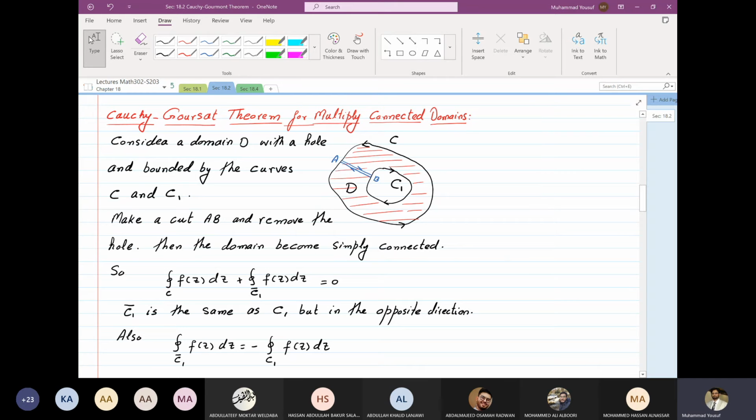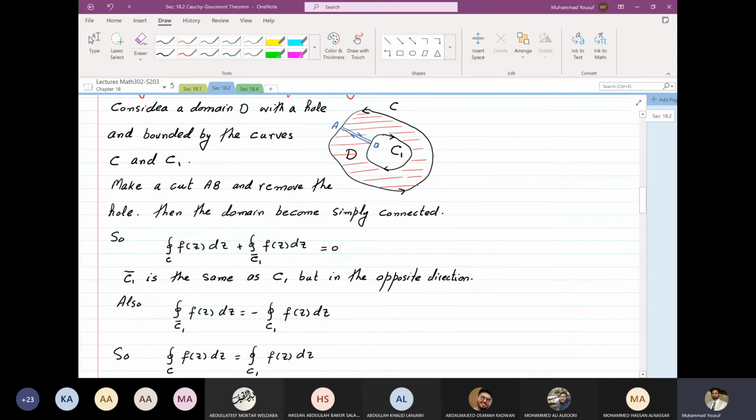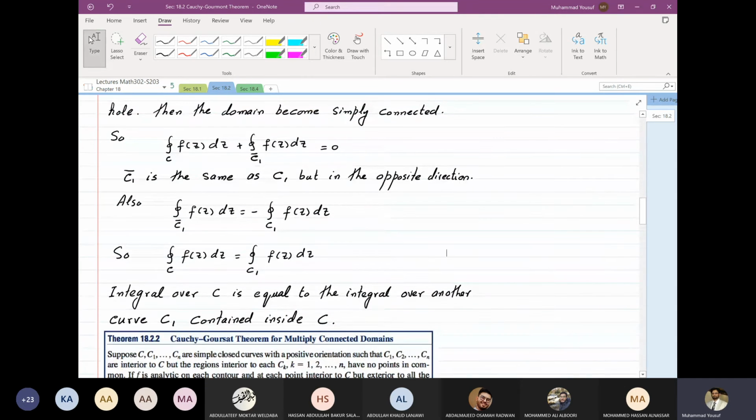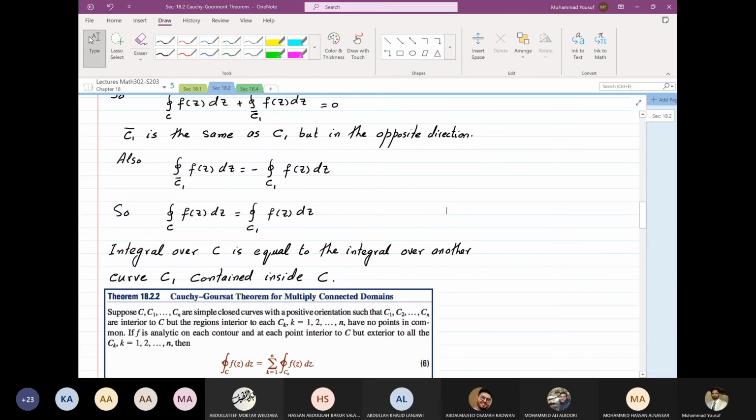So the integral over C is the same as the integral over another curve inside that curve.